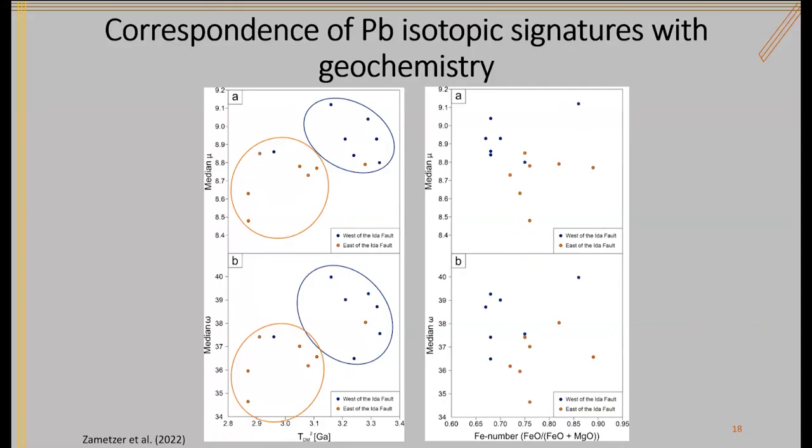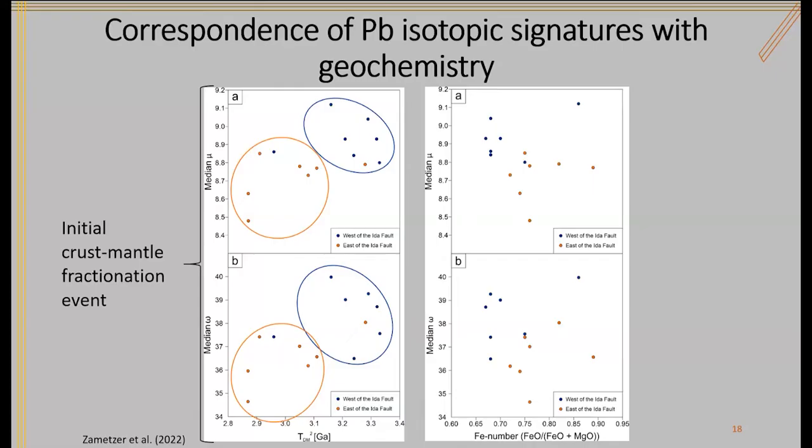The interesting thing here is that it's a clear relationship. Higher mu and higher omega correlate with older neodymium model ages, and lower mu and lower omega correlate with younger neodymium model ages. So this is another indication, manifest in the data set, that it's probably the initial crust mantle fractionation event that gets preserved, that gets recorded in the lead isotopic data.